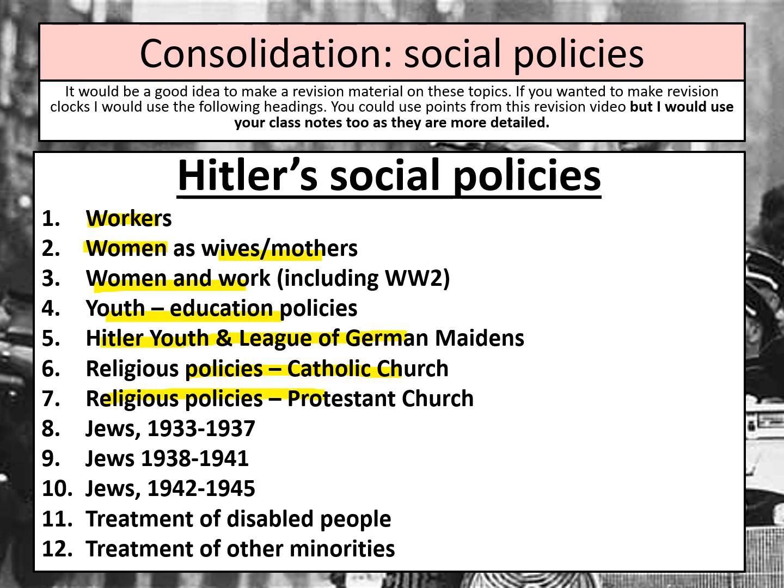When you're looking at the policies towards Jewish people, you could divide it into those three distinct phases that we talked about. And then for the final two categories, you can think about their treatment of minorities, including disabled people, and then you could talk about asocials and the Roma and Sinti in the final category. That would be a really good idea to make a revision material that you can use in the future for any mocks or real exams.